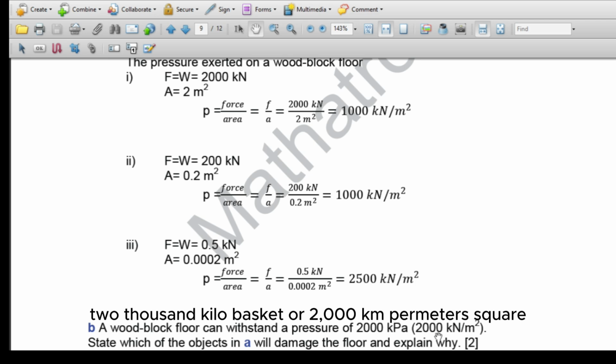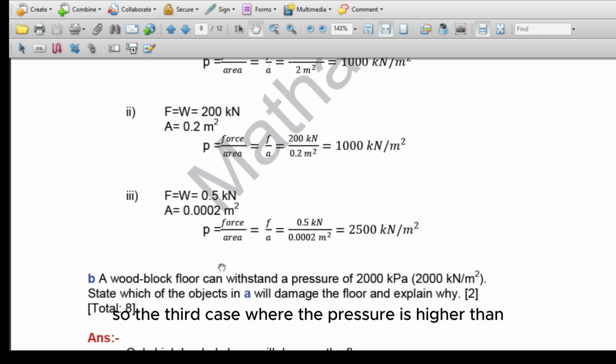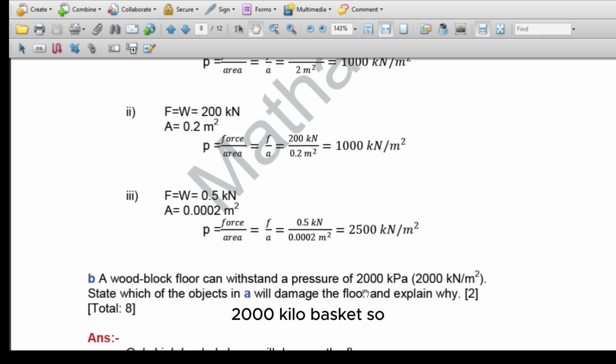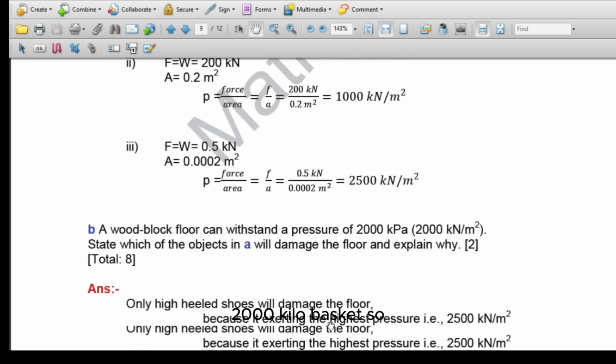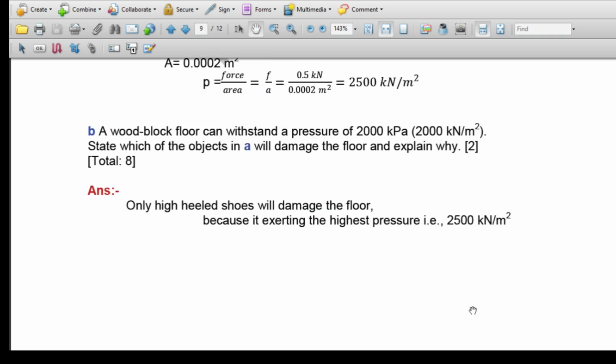In the third case, the pressure is higher than 2000 kilopascal, so only the high-heeled shoe will damage the floor, because it is exerting the highest pressure, that is 2500 kilonewtons per meter square or 2500 kilopascal.